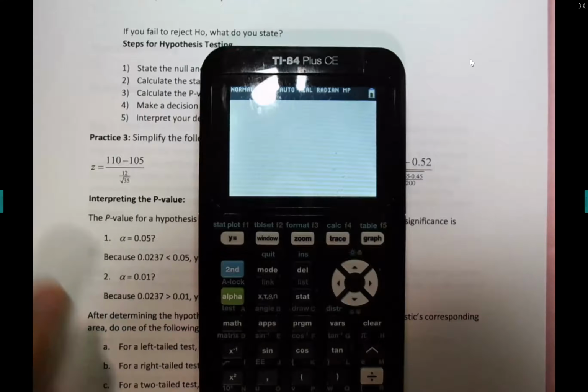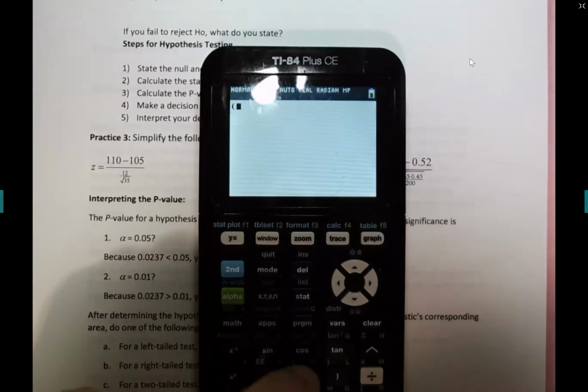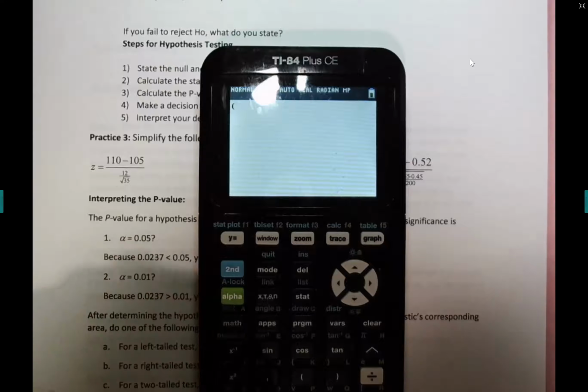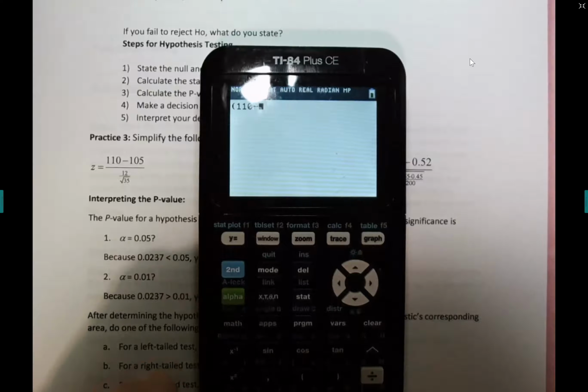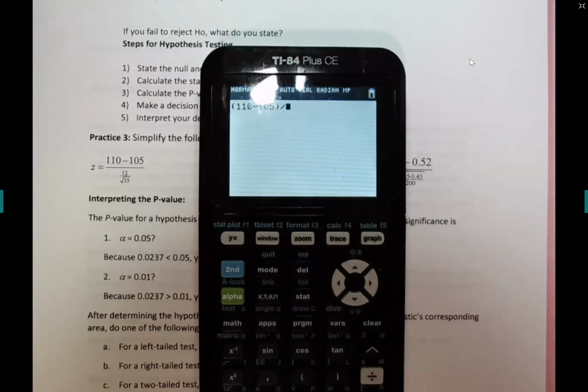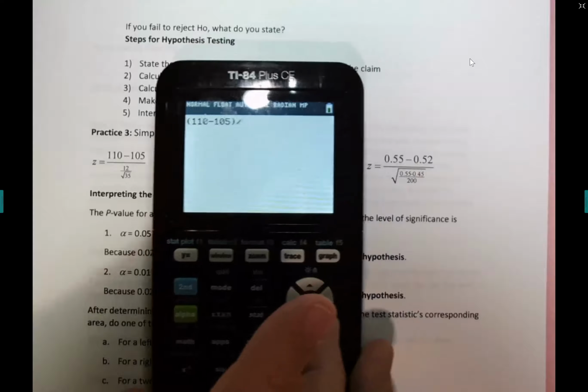Okay, so how would you input this into your calculator, guys? You can do open parentheses. Because the numerator has two terms, we have to put in between parentheses, 110 minus 105. So this is the algebra that you need for this chapter, divided by, and for this one, guys, put in between parentheses as well.